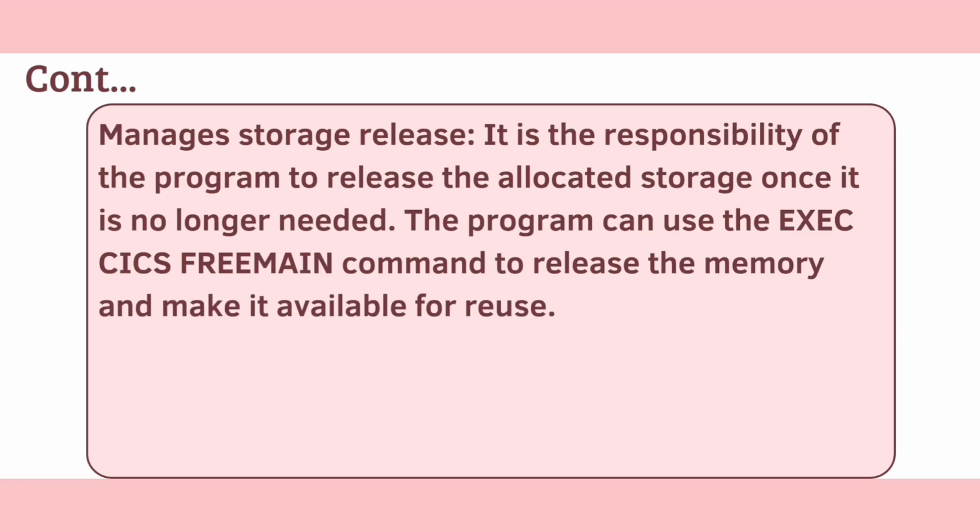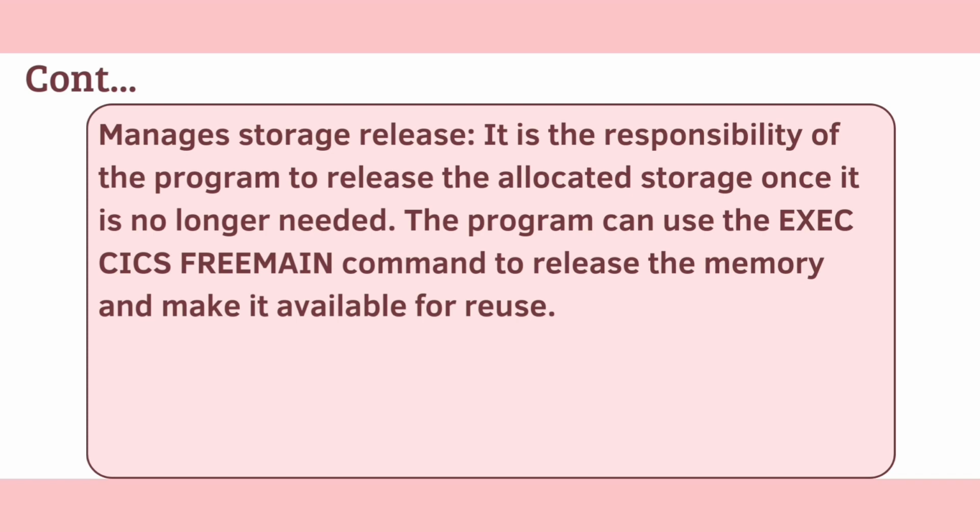Next is it manages storage release. It is the responsibility of the program to release the allocated storage once it is no longer required. The program can use the EXEC CICS FREEMAIN command to release the memory and make it available for reuse.